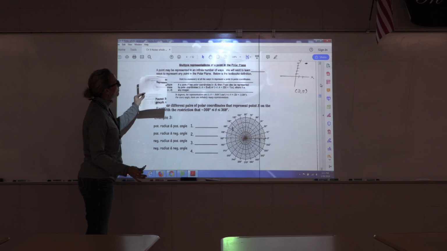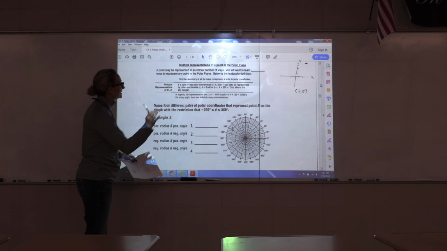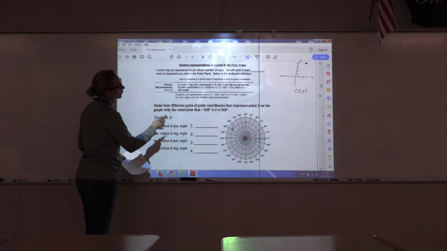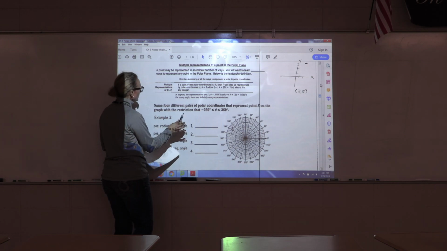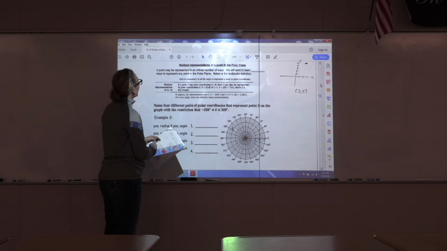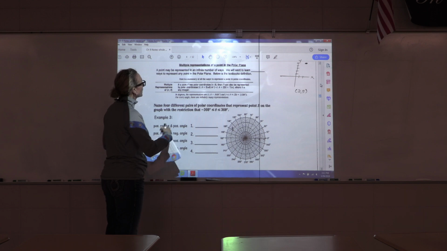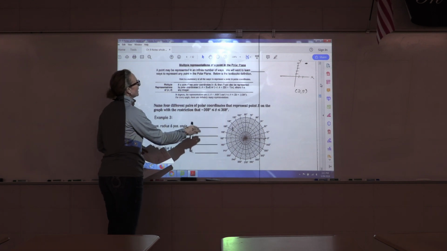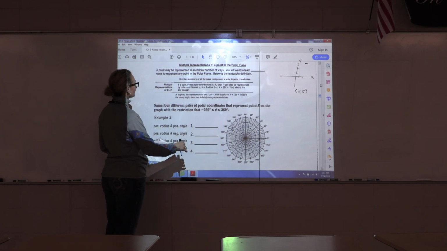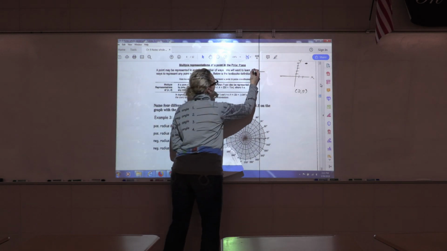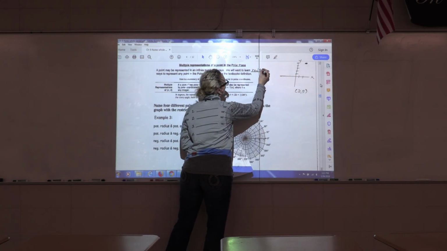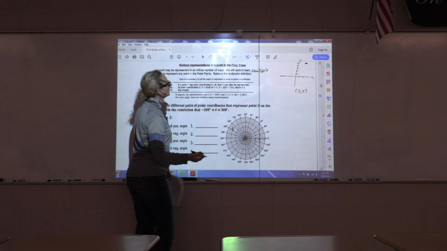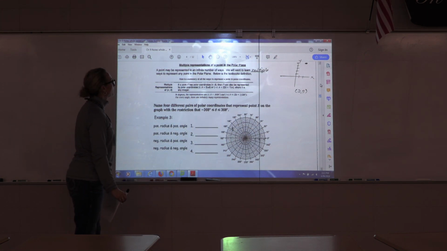We're going to talk about the multiple ways to represent a point on the polar plane. So we're going to learn how to give multiple representations of a point on the polar plane. We want to learn multiple ways to represent the same point.